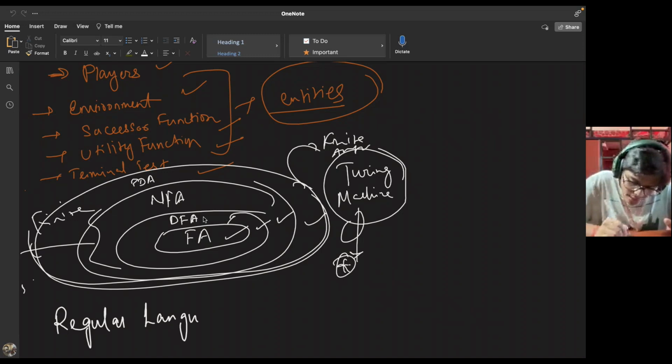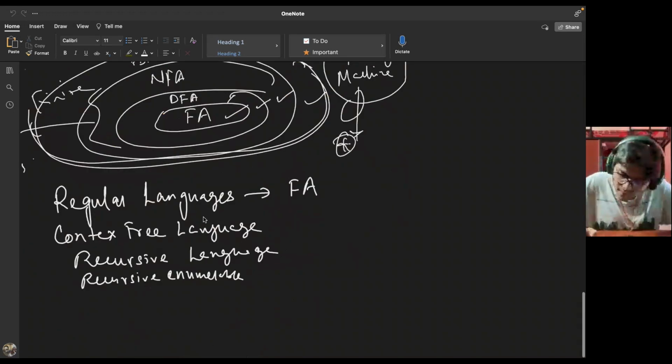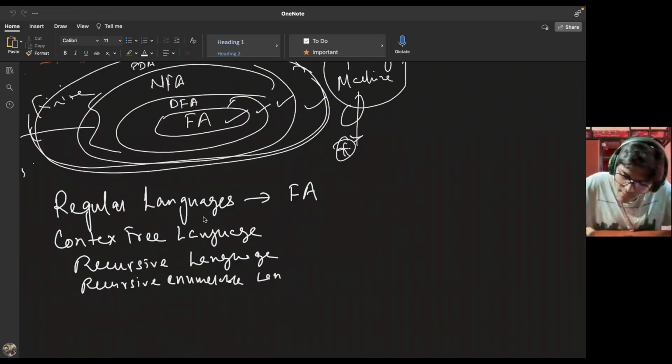We have context-free languages, we have recursive languages, and we have recursively enumerable languages. We have these languages, right?